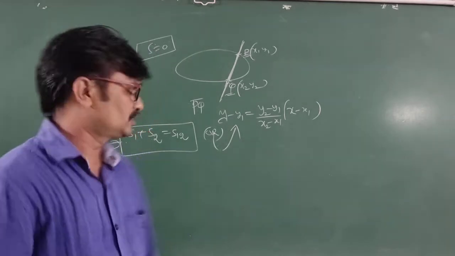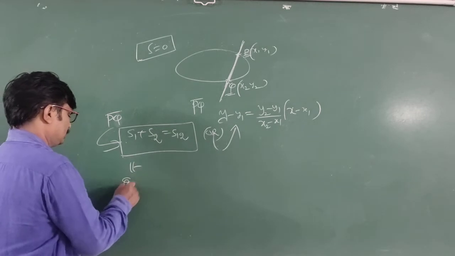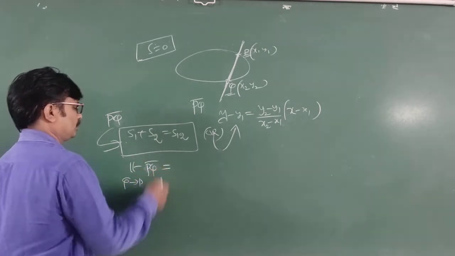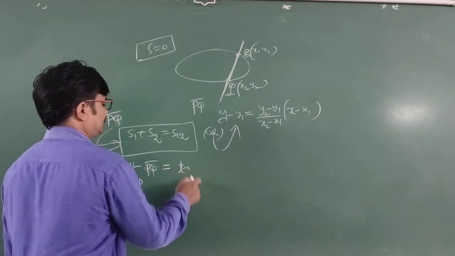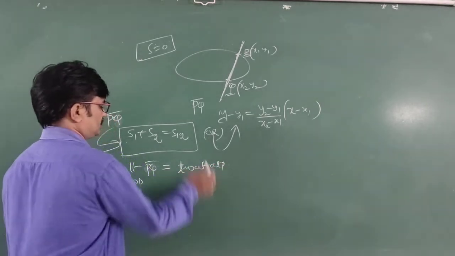Okay students, suppose PQ, here the limit Q tends to P, then PQ can be written as the tangent at P. What is it, students?